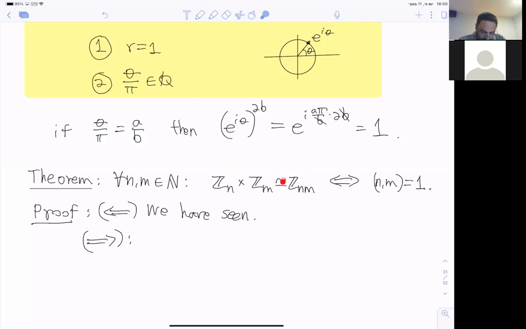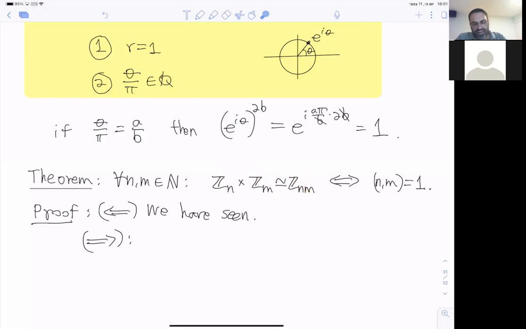But what do we mean by isomorphism? When I say that this group is isomorphic to Znm, I mean that this group of nm elements is cyclic, because of course Znm is cyclic.